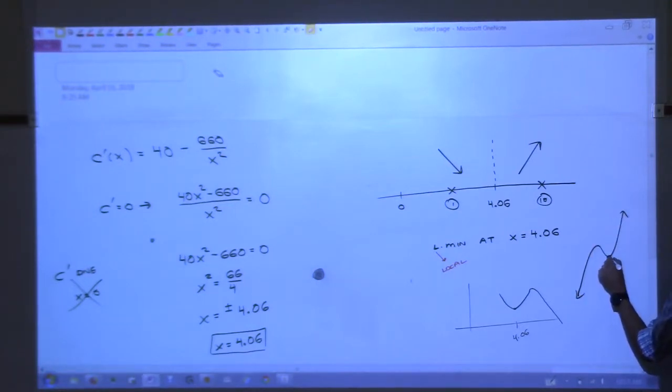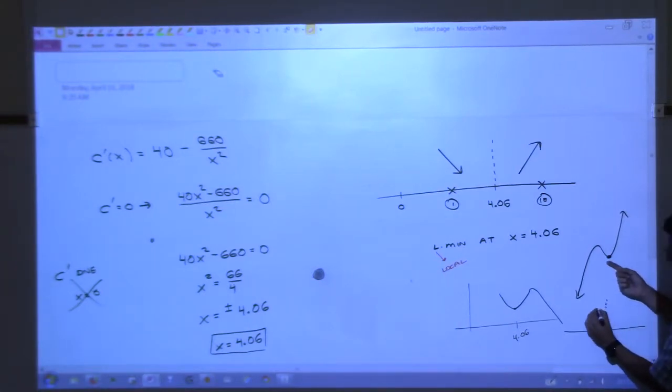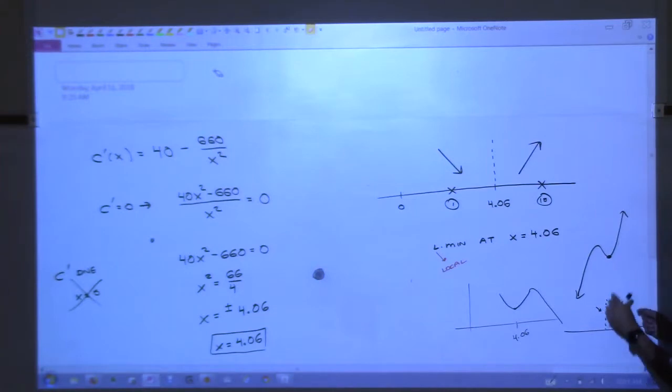Okay, this right here is not the absolute minimum of this function, right? But if I looked at my chart, it would be going down then up here, wouldn't it? My derivative would have said down then up. But this point over here is lower, isn't it? Yes.